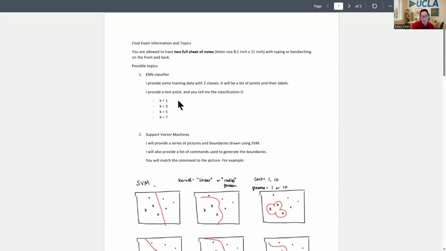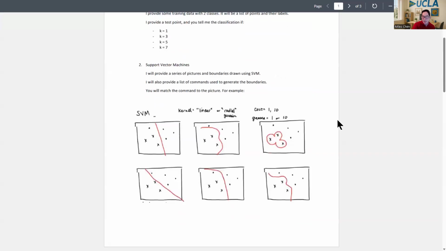And then I will provide a test point, and you'll tell me the classification for different values of K. There will be a graph and you can plot them to help. So it'll be a matter of you figuring out which ones are the closest neighbors and identifying them as such.